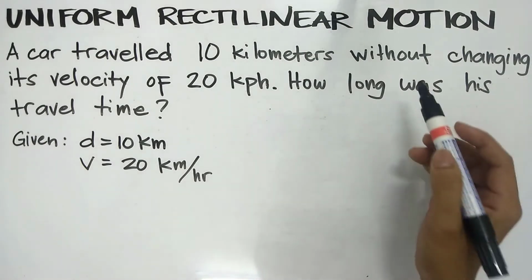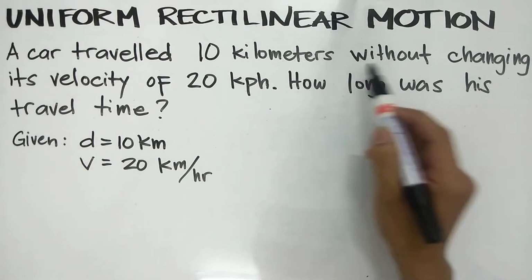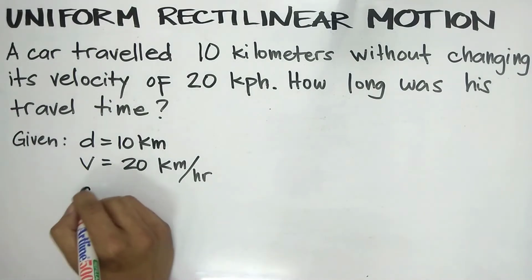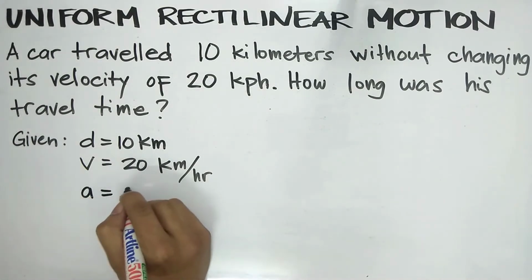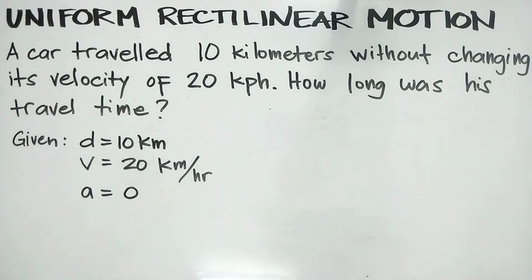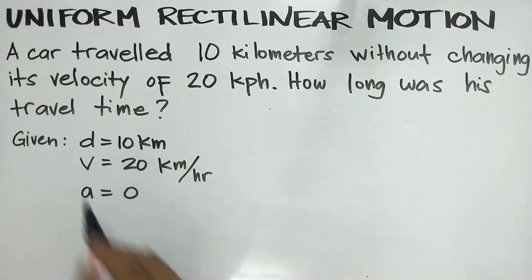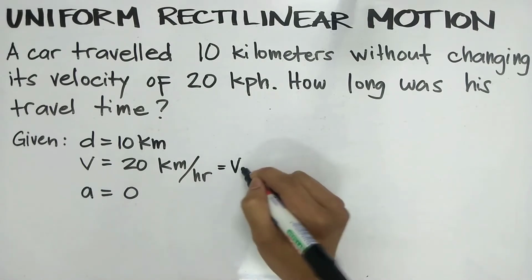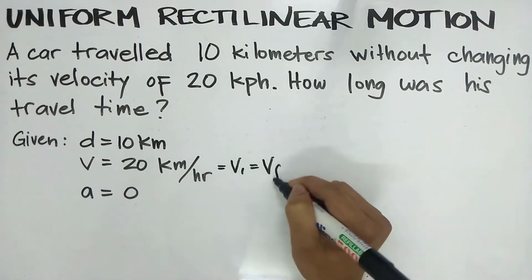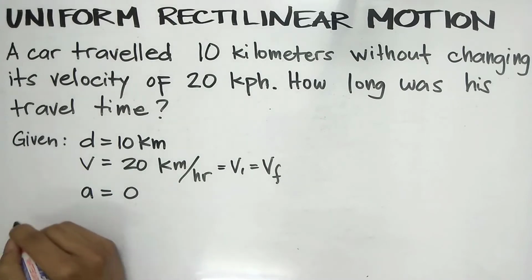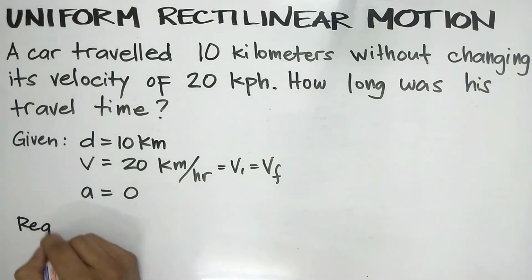We have a condition here. The car did not change its velocity, meaning the acceleration is equal to 0. Okay. So this is initial velocity equal to final velocity. Okay, we are looking for the travel time or the time interval. That is our required value.